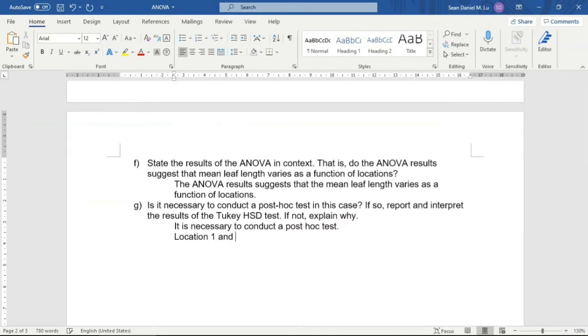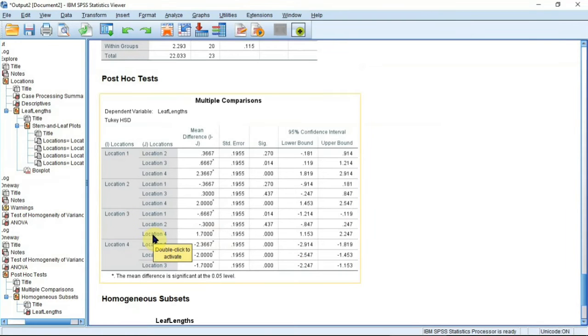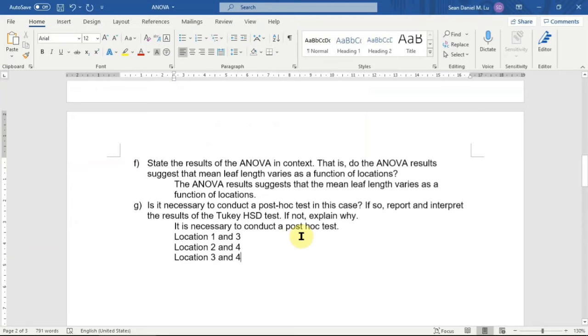Location 1 and 3, location 2 and 4, location 3 and 4, location 1 and 4. So these are all the locations that are different.